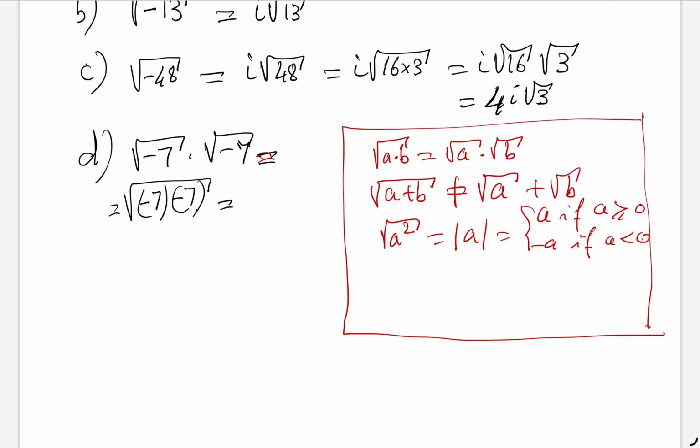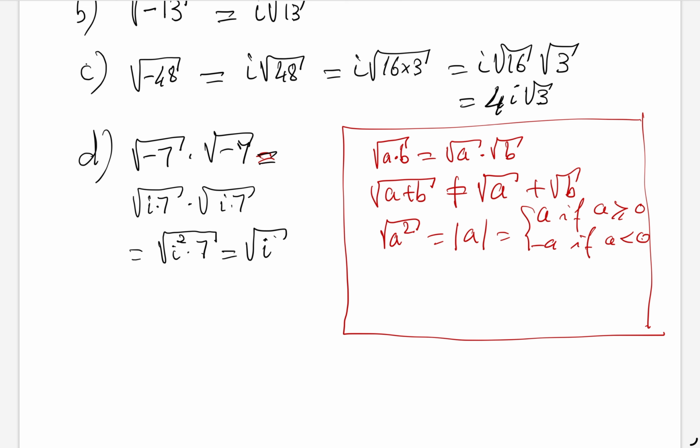You can also write it like this. This one is just the square root of 7 times the square root of 7, where each is i times the square root of 7. So this is the square root of i squared times 7, which is the square root of i squared times the square root of 7.